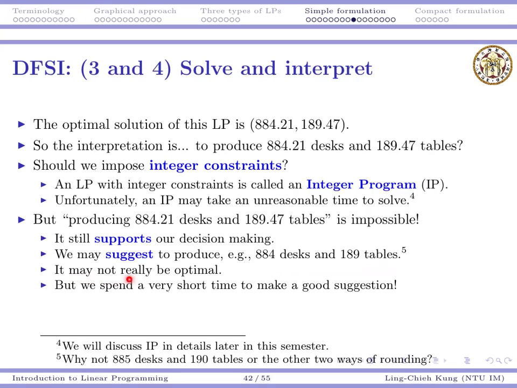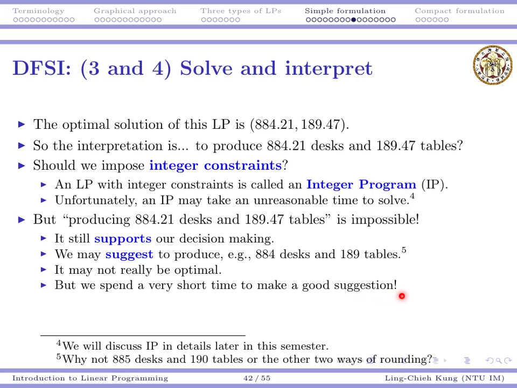So we know it may not really be optimal among all the integer solutions, but by ignoring the integer constraint, we only need to spend a very short time to solve a linear program, and we can still make a good enough suggestion. That's all we want.